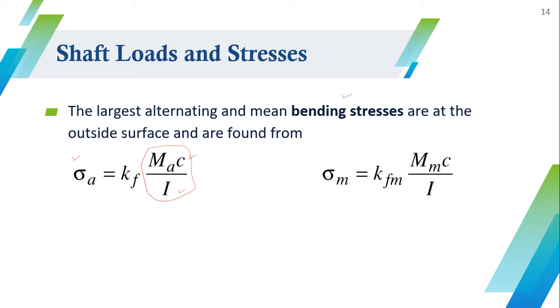This is the distance of the furthest point from the neutral axis. So in case of shafts, it comes out to be the radius. This formula you are already familiar with.